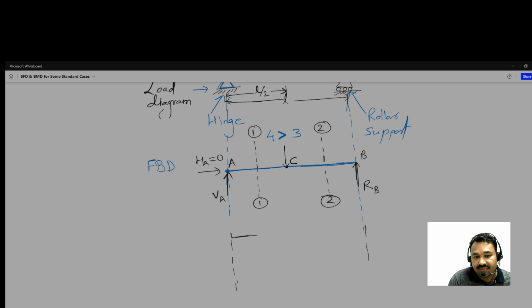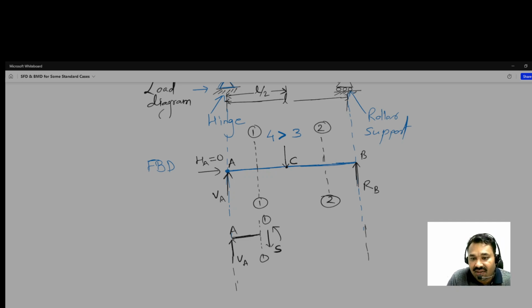So this is the beam. Okay, and the support reaction here at A, whatever the support reaction VA here, and this section name is 1, okay, and this is the shear force S, and the moment, suppose we are taking anti-clockwise.